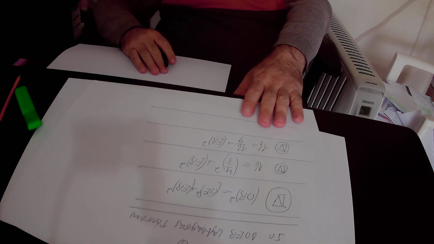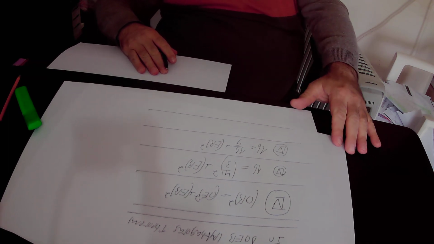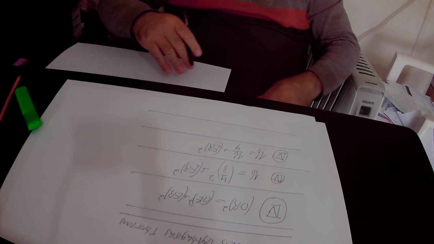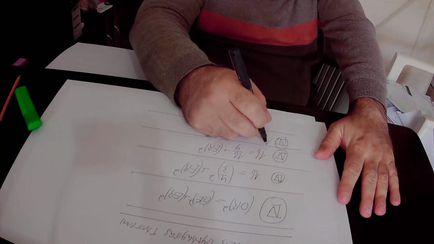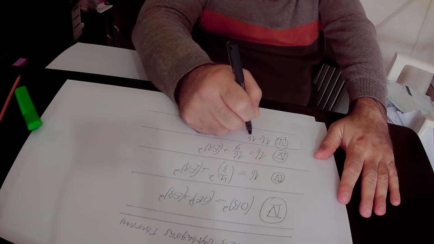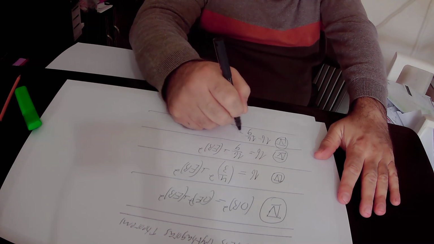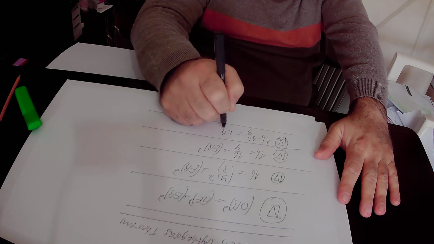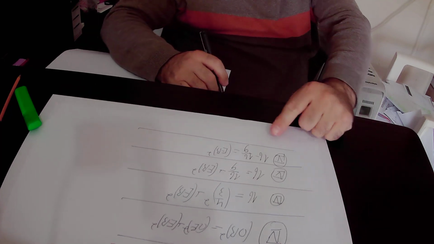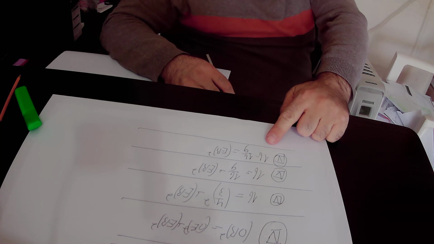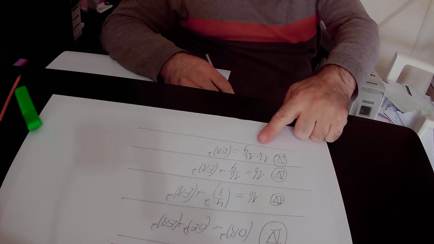Here we will subtract 16 over 9 from equation number 4, and we will get that 16 minus 16 over 9 equals EB squared. Here we will multiply 16 by 9 and then divide it by 9 in order to have a common factor.